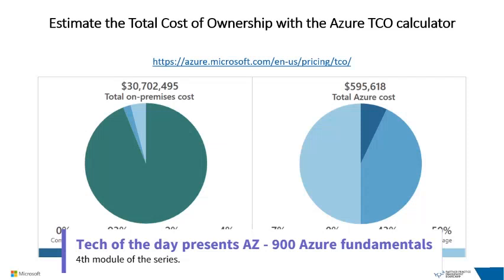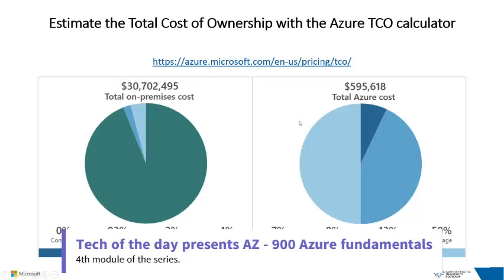If you are starting to migrate to cloud, a useful tool you can use to predict your cost savings is total cost of ownership. To use the TCO calculator, you just need to go to this link, and then you define your workloads. You can then adjust your assumptions, and then you can view the report.